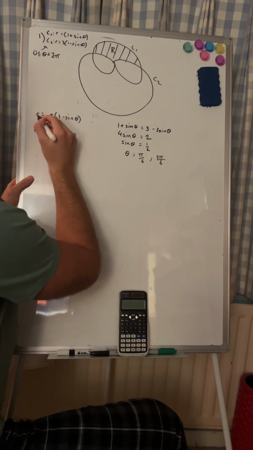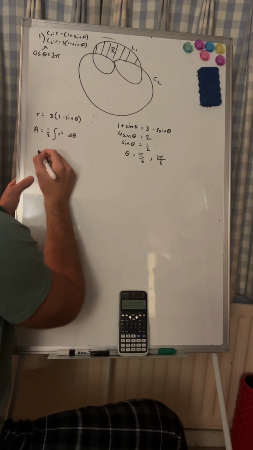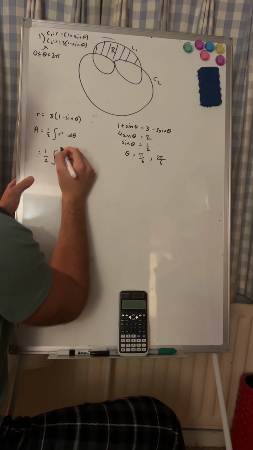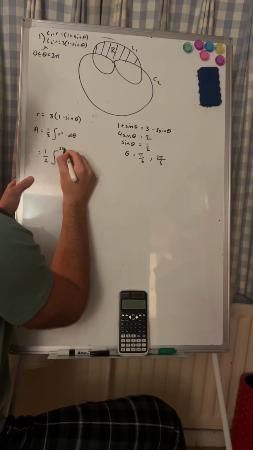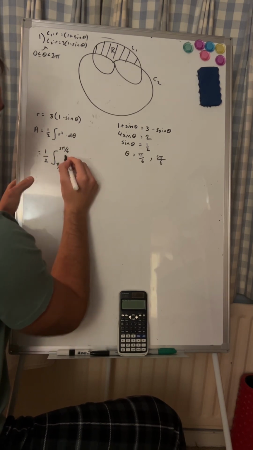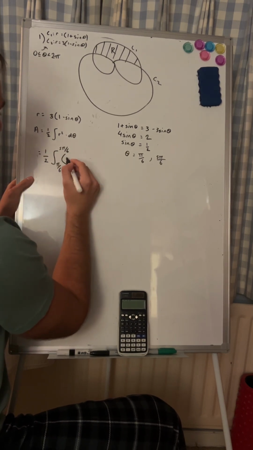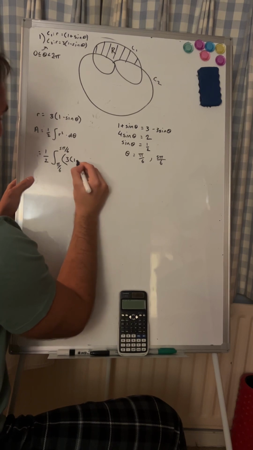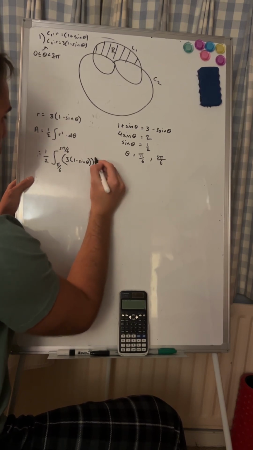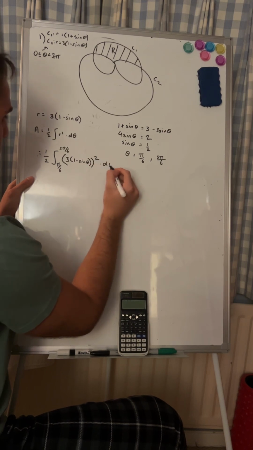So R is this, so we're going to square this. So we're going to equal a half of the integral from pi over 6 to 5 pi over 6 of, we're just going to put this whole thing in brackets to begin with, all squared times d theta.